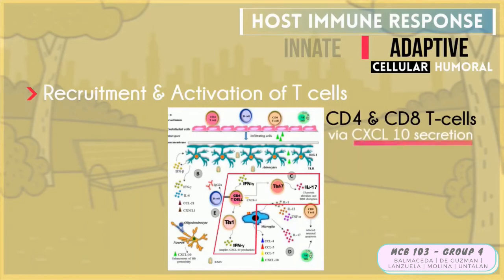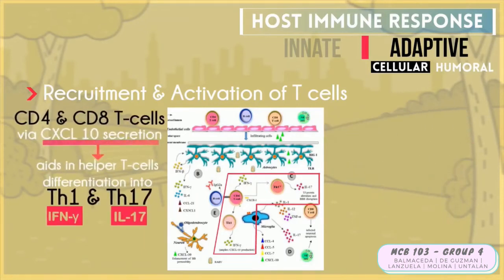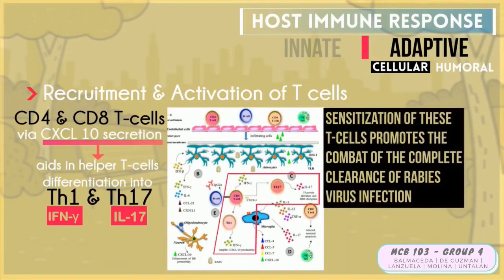This particular chemokine also aids in helper T cell differentiation into Th1 and Th17 cells, which produce IFN gamma and IL-17 respectively. The sensitization of these T cells promotes the complete clearance of rabies virus infection.